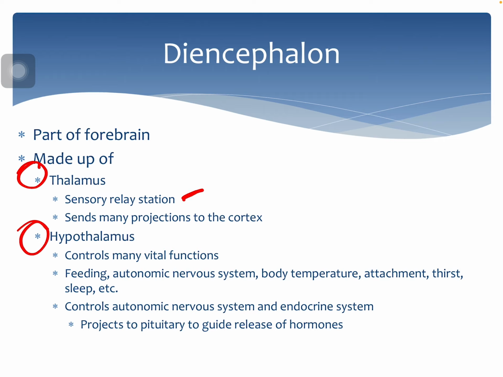So that's one theory of what's going on: the thalamus is not operating correctly in people with certain types of schizophrenia. The thalamus also is really important for sending projections throughout the cortex. So there are a lot of projections available through the thalamus.